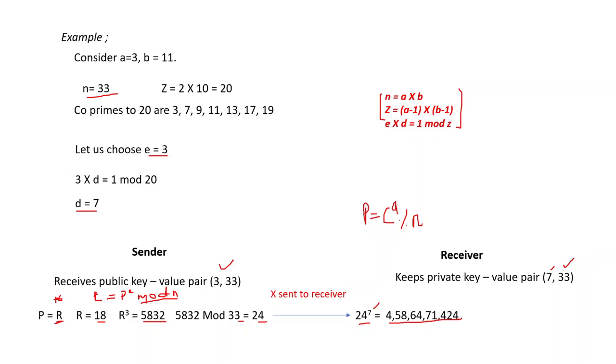I just used the calculator for this. Now we have to take mod 33 over this number, and that is equivalent to 18. Of course the receiver knows how this coding scheme works in case of alphabets, so he can easily change that to R, which was the original message that the sender intended to send to the receiver.